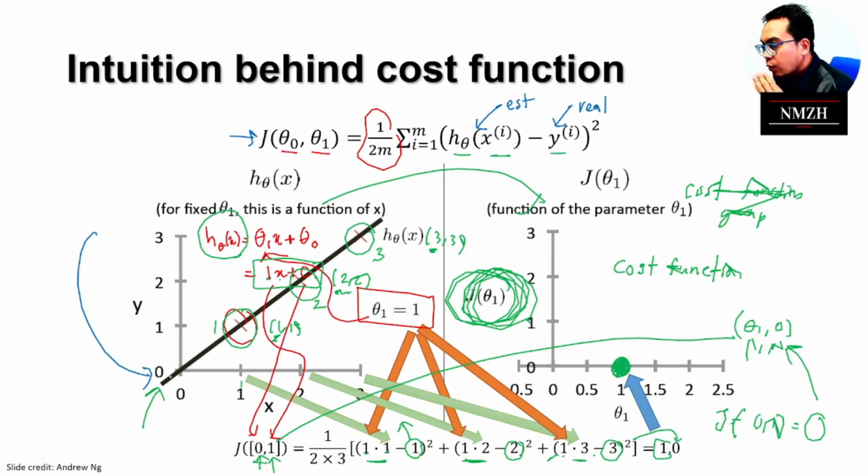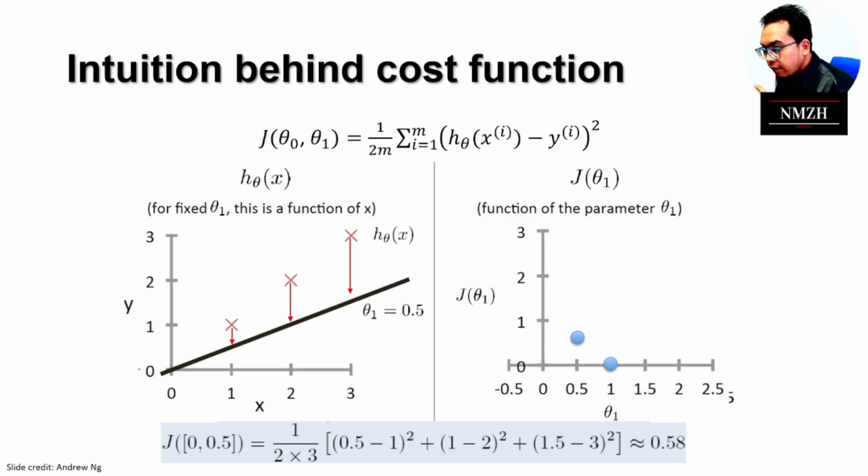Now we still use the same data, 1, 1, 2, 2, 3, 3, but we use a different line, guys. So what we have in hand is, remember, theta 1 x plus theta 0, right? So theta 1 is 0.5, so 0.5x plus 0. That's the reason why here is this one, guys. Where is the 0.5 coming from?